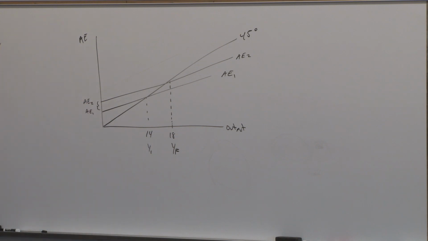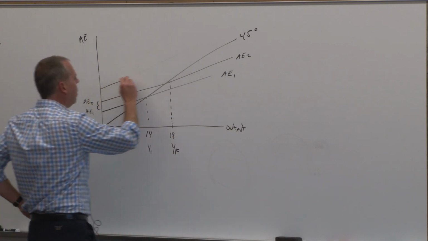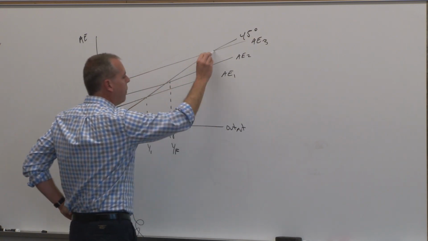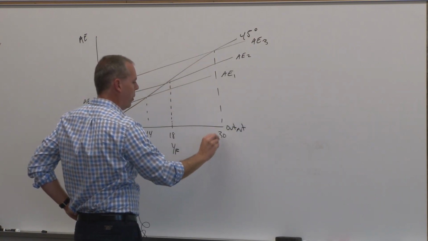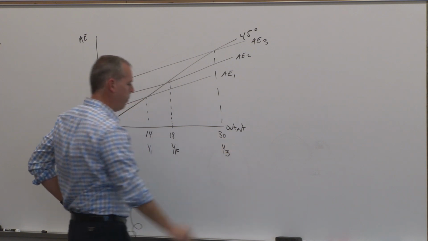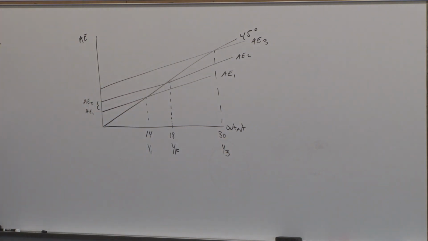AE2. Why stop there? Why not go beyond that? Why not have $30 trillion? Why stop at 18?